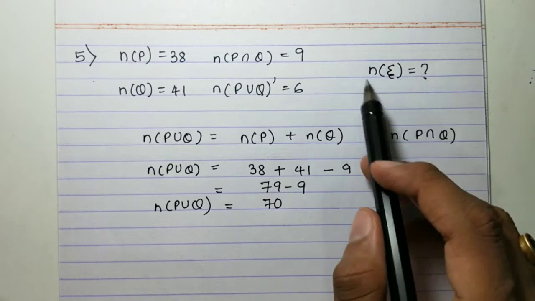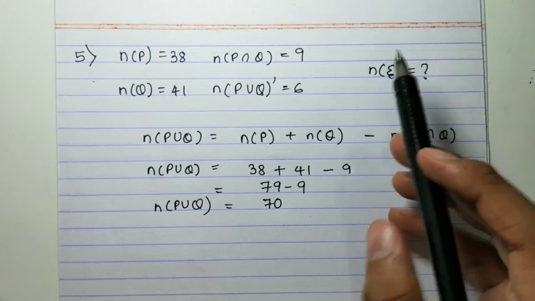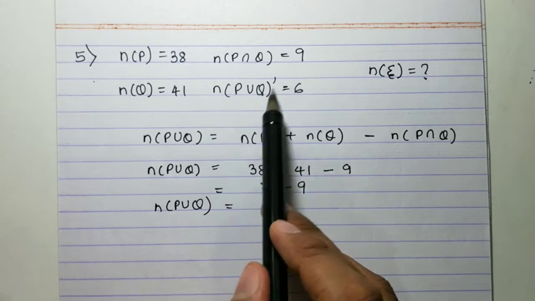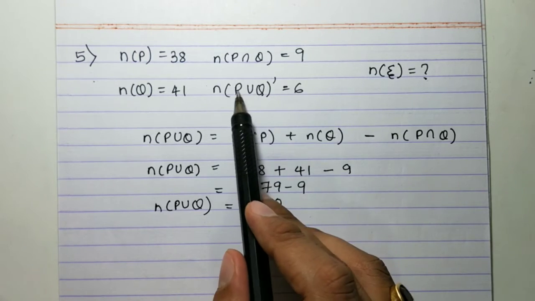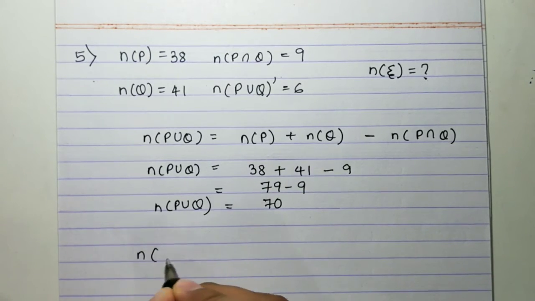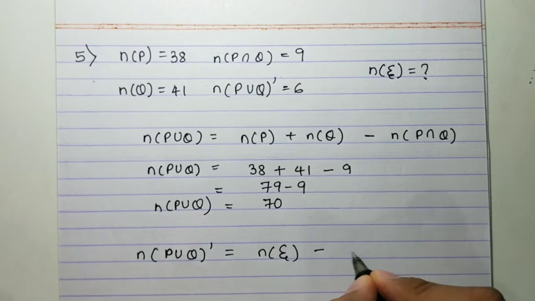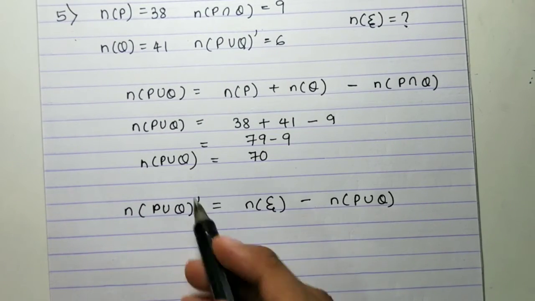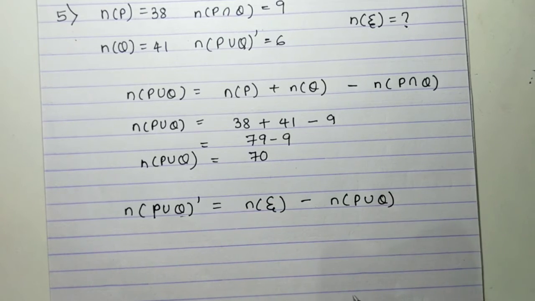Now what do I have to find? I have to find n cardinal number of universal set, and I have P union Q. See, in the question they have given you P union Q complement. That is a hint that you have to use the formula of P union Q complement. Okay, that means A union B complement. What is the formula for A union B complement? It is universal set minus union. जिसका भी complement ढूंढना होता है, you subtract it with the universal set.